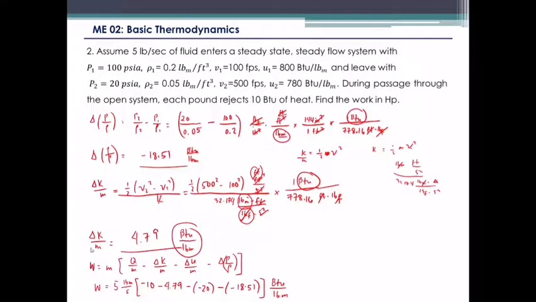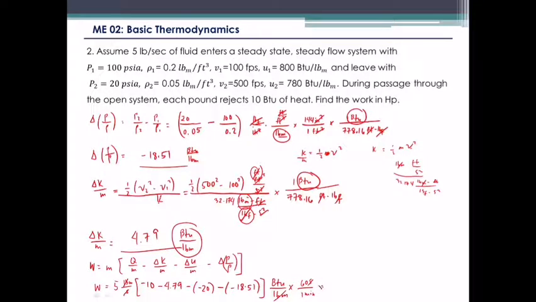So we can combine them since they have the same units. But since the problem asks for horsepower, pound mass cancels, so we have BTU per second. We convert the second: 60 seconds is 1 minute, seconds cancel.